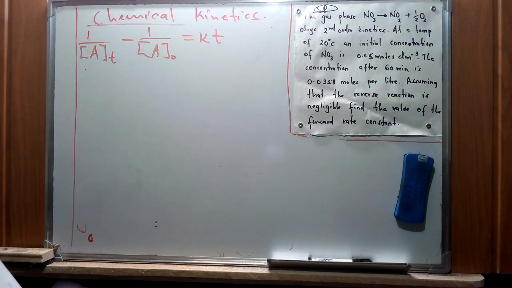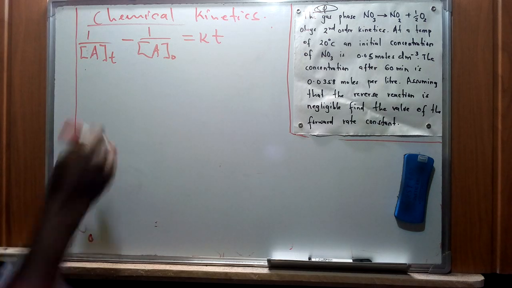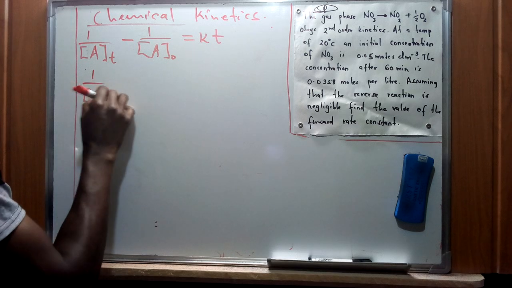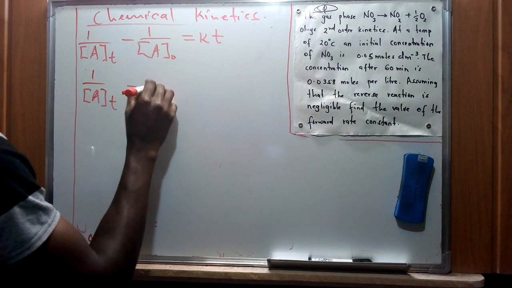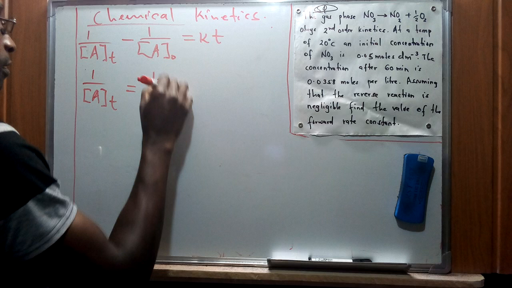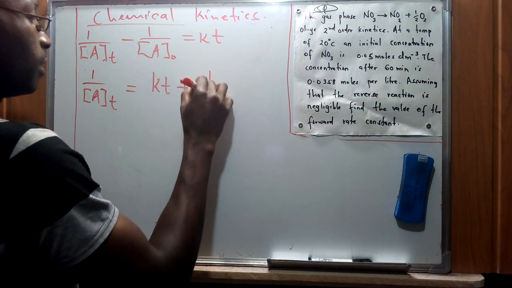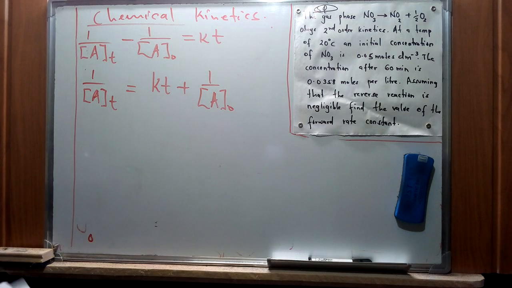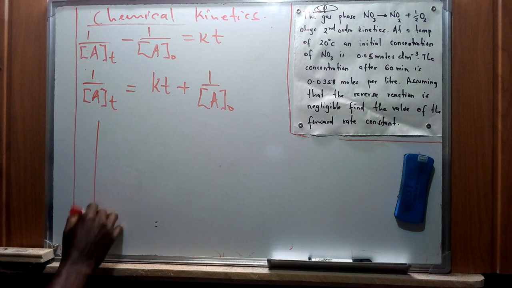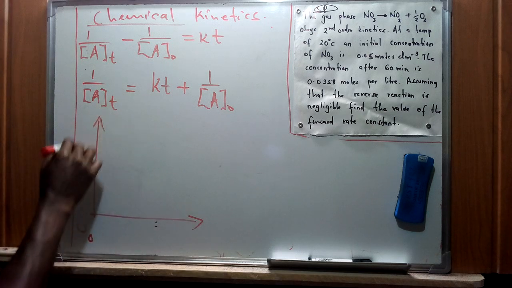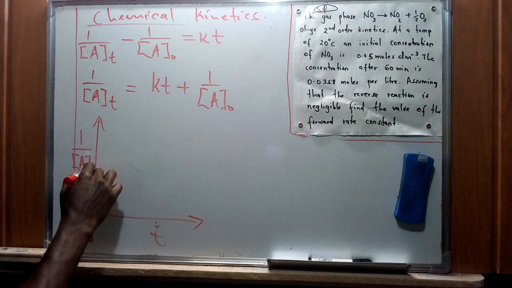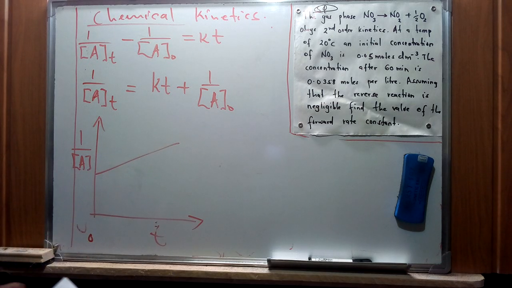If you do a rearrangement, we'll have 1 over the concentration at t equals kt plus 1 over the initial concentration. So a plot of a graph of 1 over the concentration of A against time is going to give me a plot of that nature.